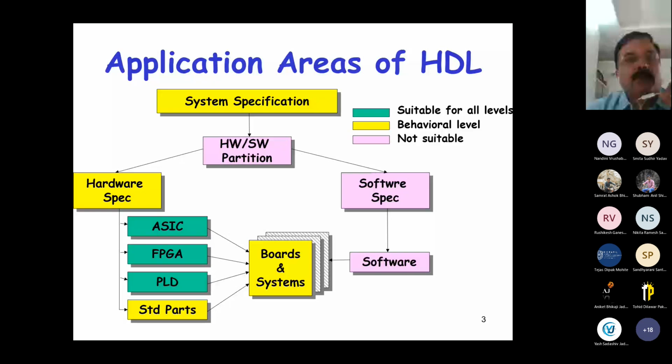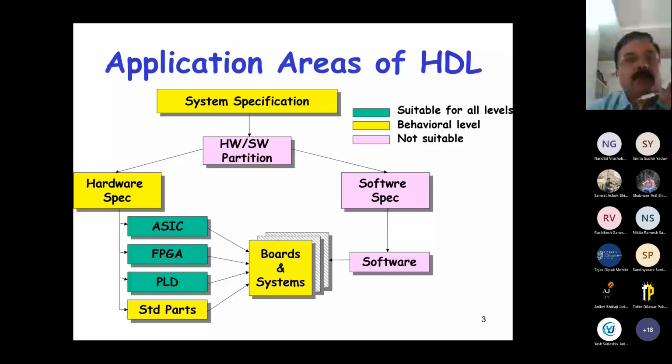And finally, it can be implemented on boards and systems, whereas part of the system or design can be implemented by using software, and we can specify the software specifications. Ultimately it's a combination of hardware, maybe using ASIC, FPGA or CPLD, and the software which is required to implement that design can be used to specify the system.